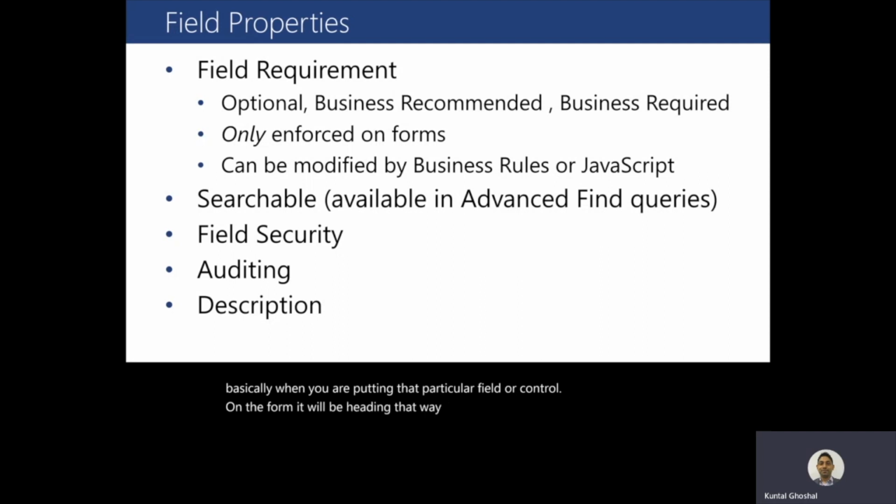If you mark a field as optional, when the user is creating a record, he can choose not to put any data against that field. If you mark it as business required, the user actually has to provide a value against that field if he wants to save the form.